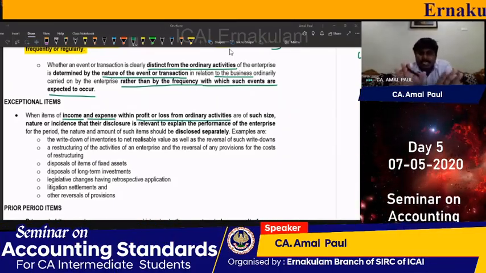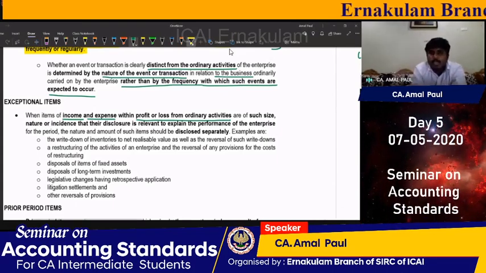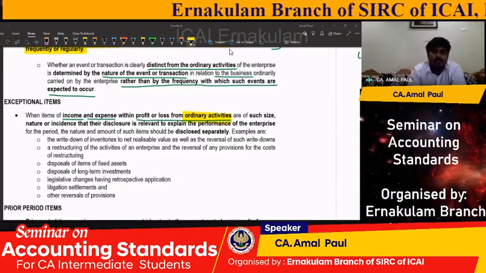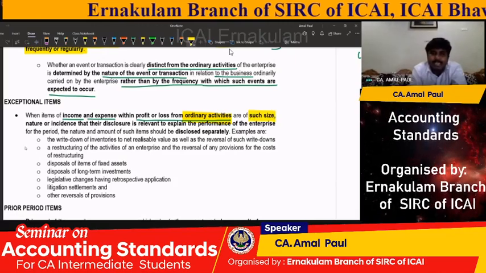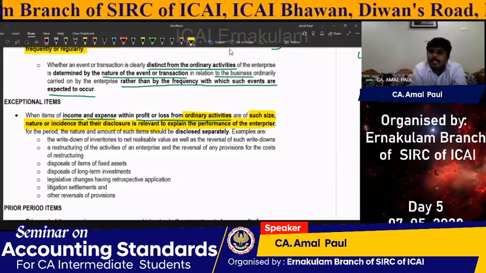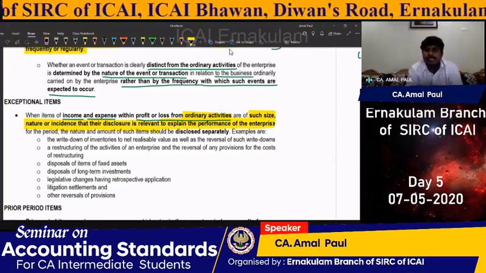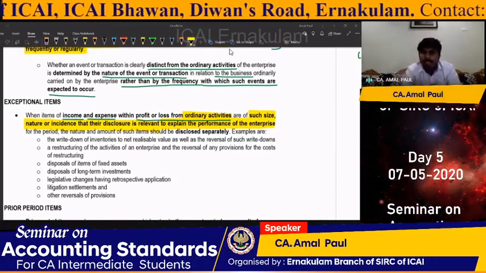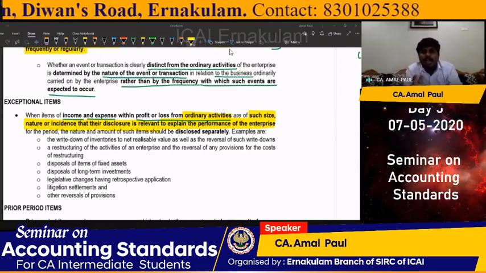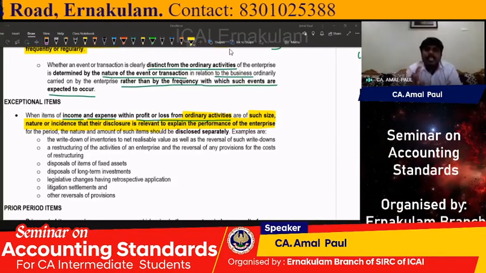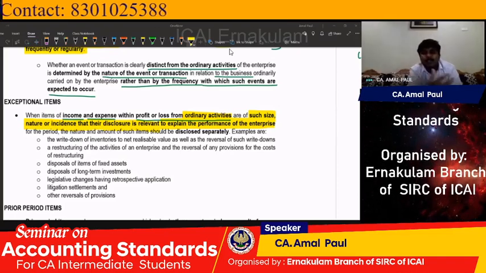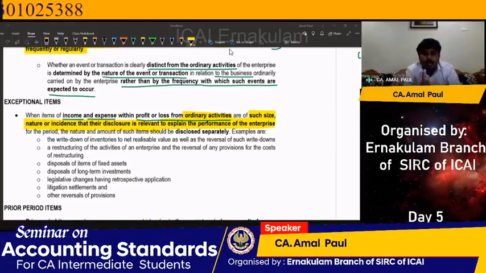That is, these are certain items within ordinary activities itself, within the ordinary course of business itself, but of such size, nature, or incidence that their disclosure is relevant to explain the performance of the enterprise. These are ordinary activities alone, but their disclosure is necessary for understanding the financial statements, considering their materiality, size, nature, or impact.